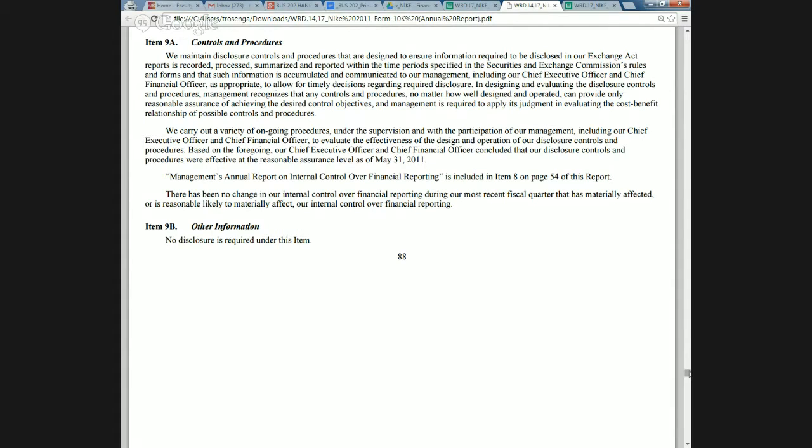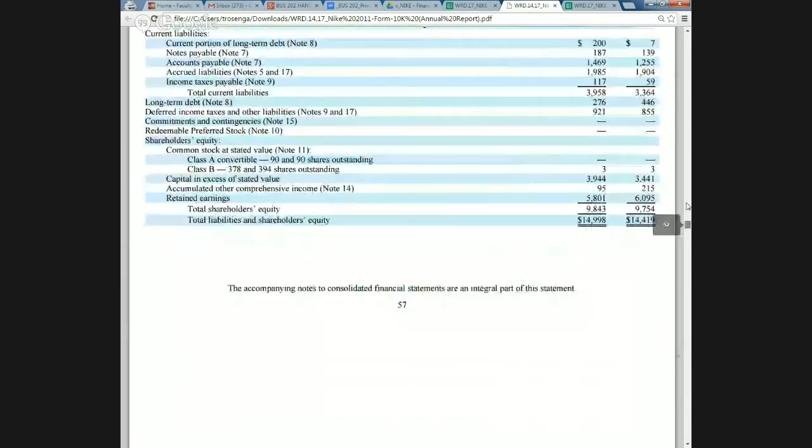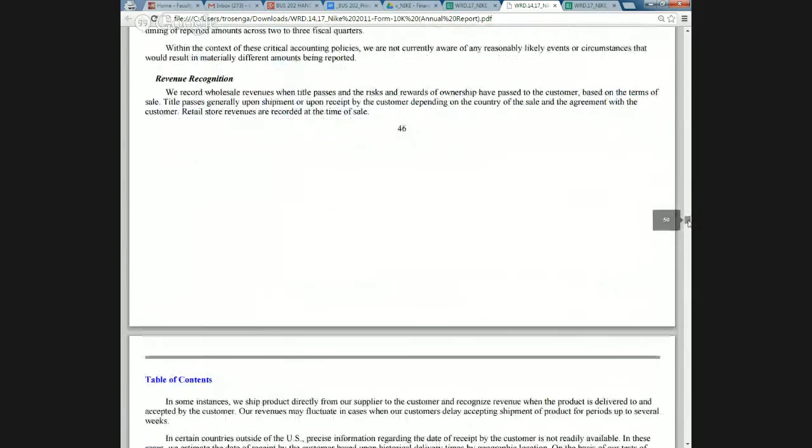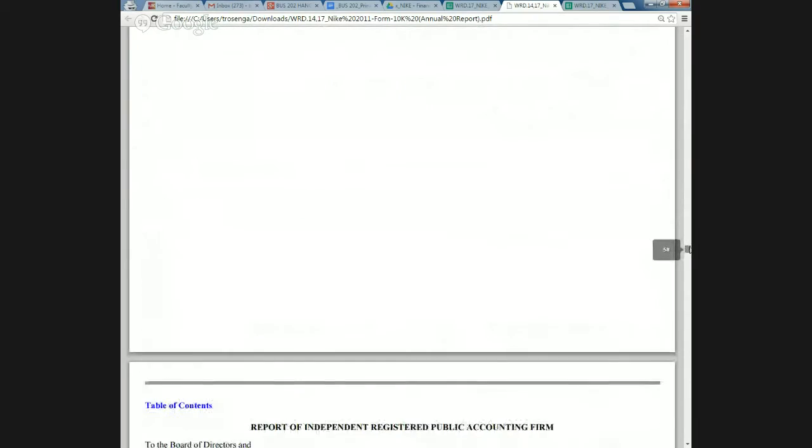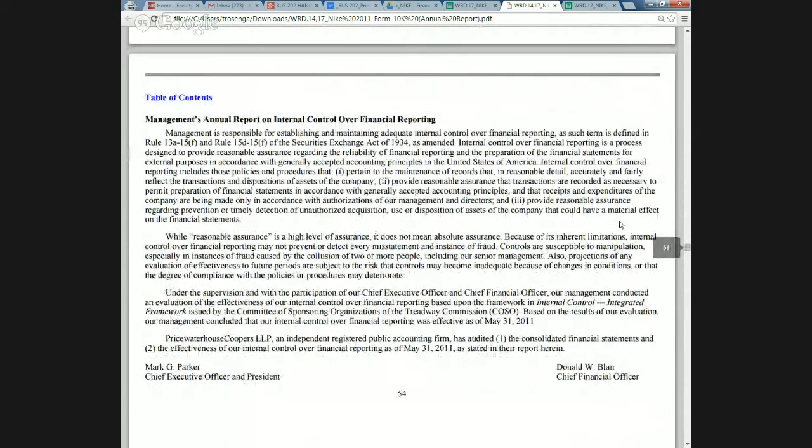This came about because of the Enron fiasco about a dozen years ago, and management is held criminally liable if the financial statements are false and misleading, and if there are not proper controls in place. Also, if we would go back to page 54 of the annual report, there is the formal report on internal control.